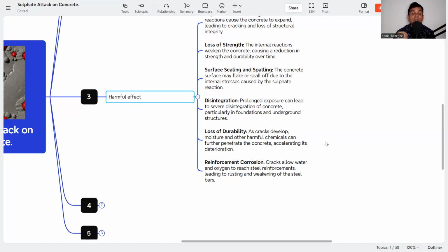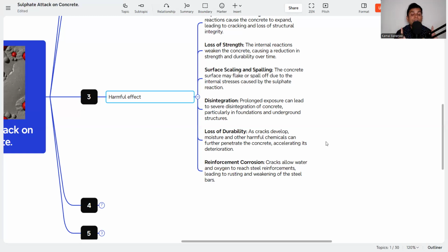Then reinforcement corrosion, as already discussed: cracks allow water and oxygen to reach the steel reinforcement, leading to rusting and weakening of the steel. So these are all the parameters of concrete for a long-lasting, durable structure.